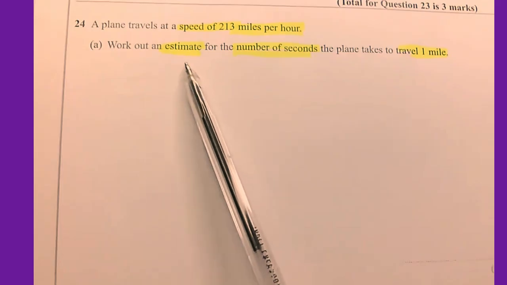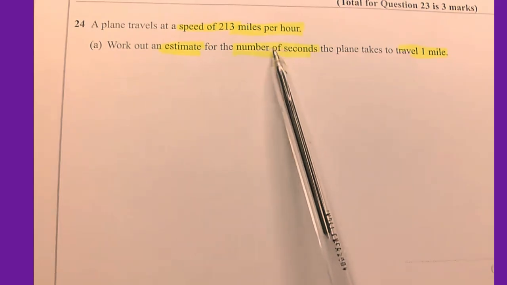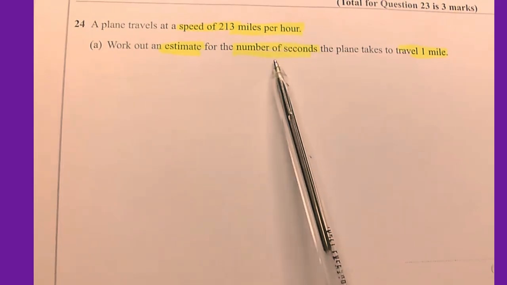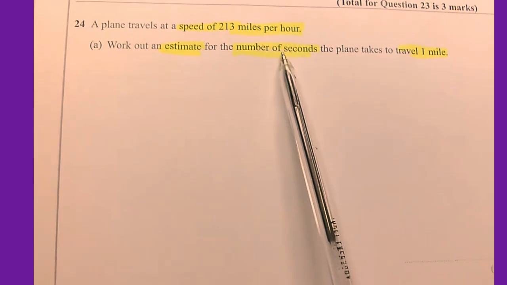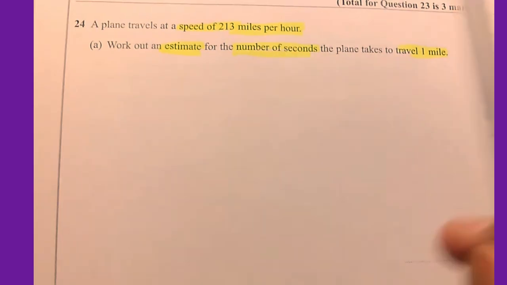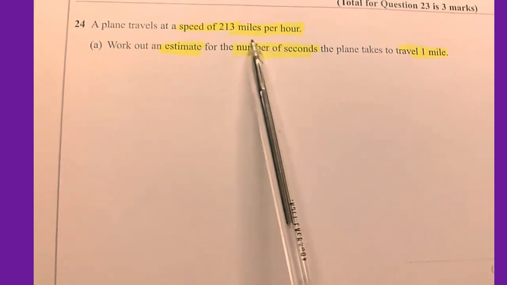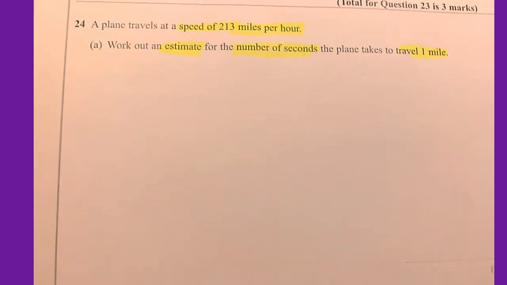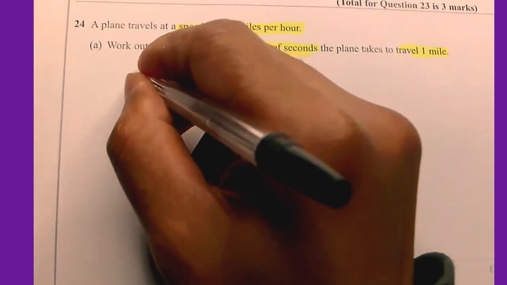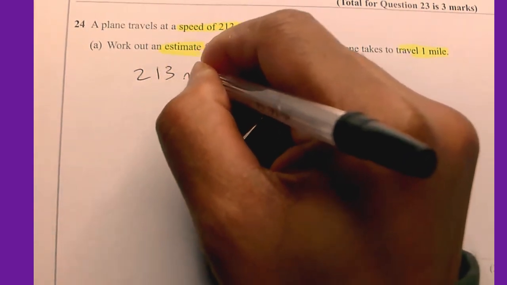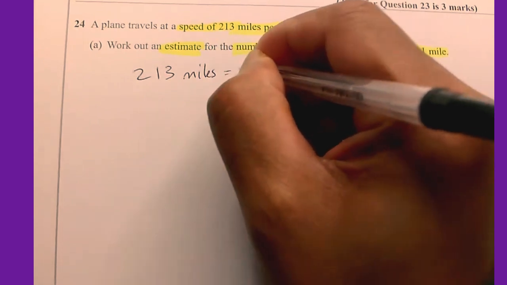So we're going to be using estimate. And also you can notice we've got miles per hour and seconds. So that's the tricky thing here. So let's look at, first of all, speed of 213 miles per hour. So in 1 hour, you're traveling 213 miles in 1 hour.